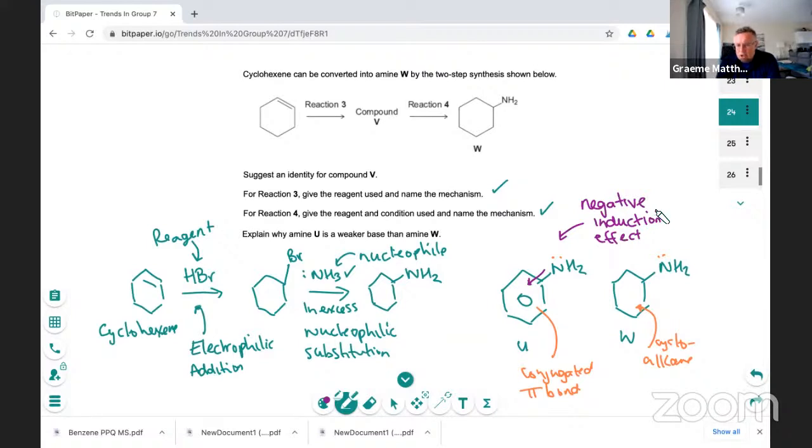The negative induction effect is when the electrons flow away from an electron negative group down to, in this case, a ring system.